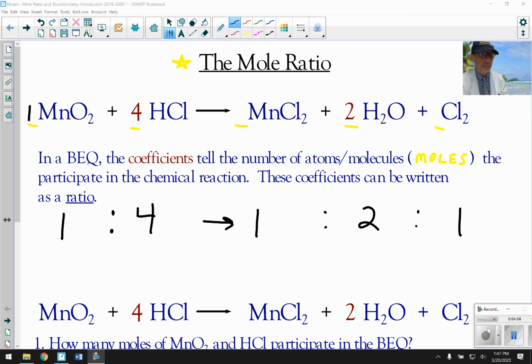As you can see, I took that balanced equation and basically just took the coefficients out, but instead of just writing 1, 4, 1, 2, 1, I wrote them as a ratio. Since these coefficients represent the number of moles, and I'm writing them as a ratio, voila, the mole ratio.